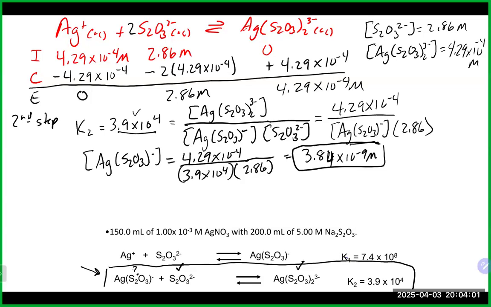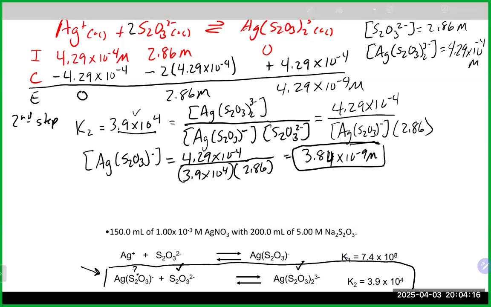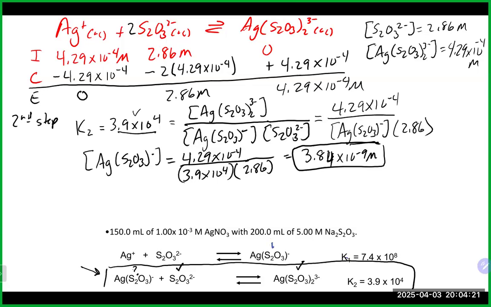First off, any question on that one there? Now that I actually have that concentration, you still have two options as to how you might want to do it. But since we already used the stepwise formation number 2, why not use number 1 at this point? Because now we have this number from our calculation we just did. We still have this guy as well. So we could use step number 1 now to find our silver that we're interested in.